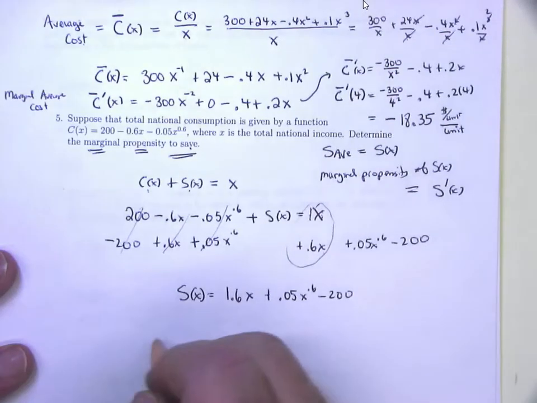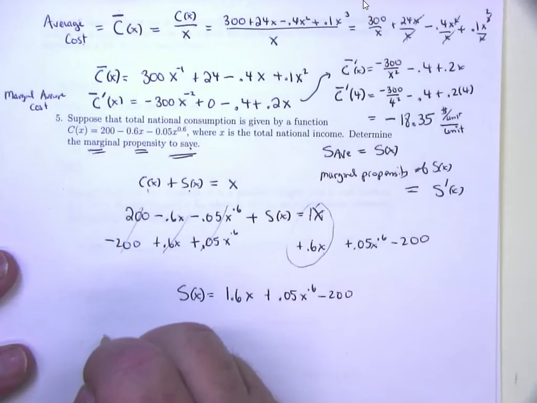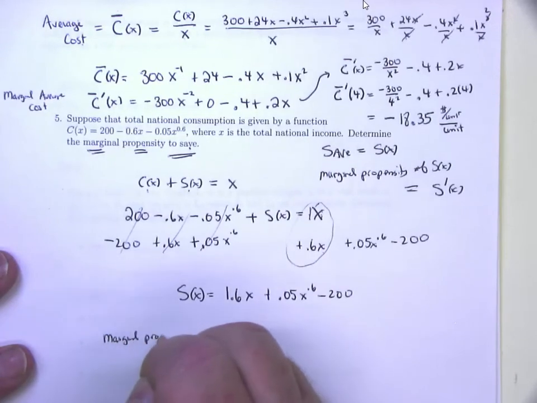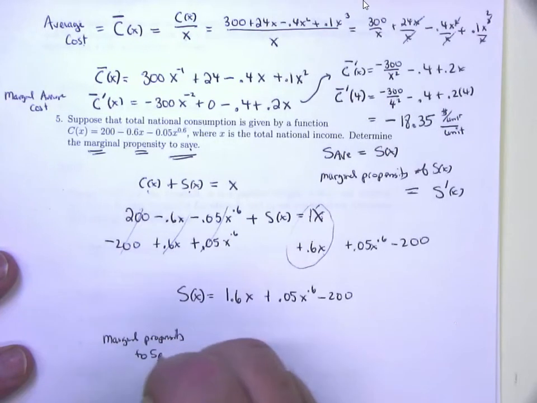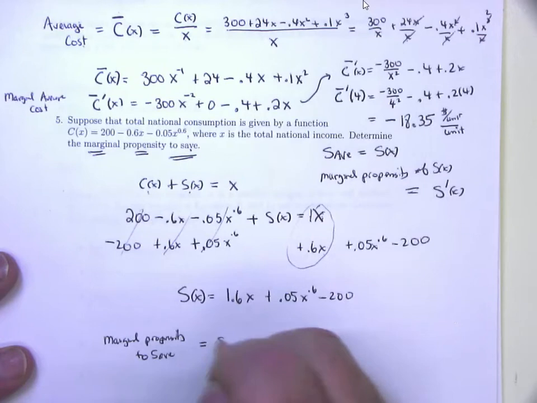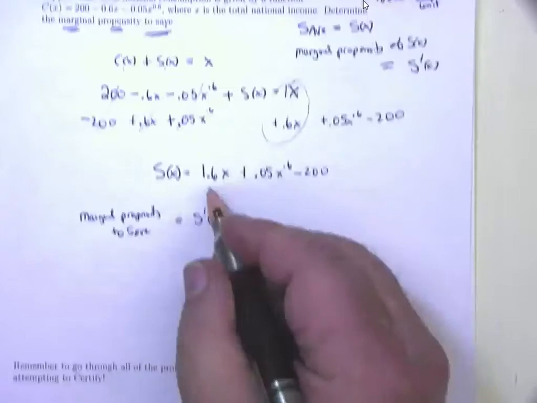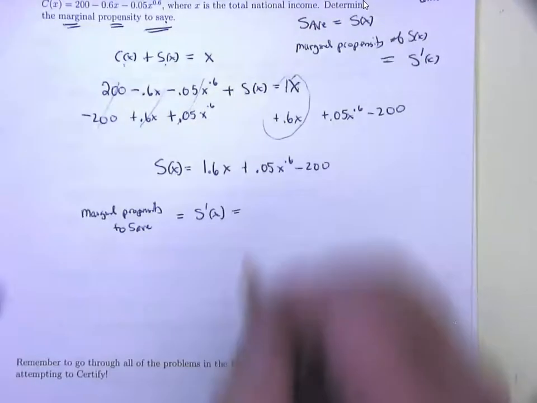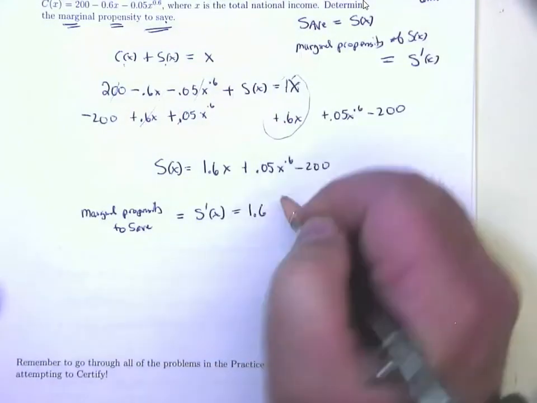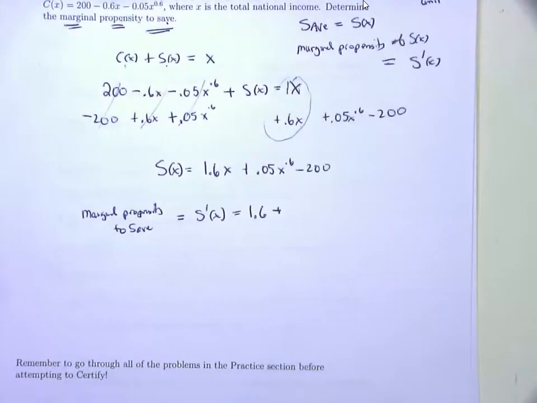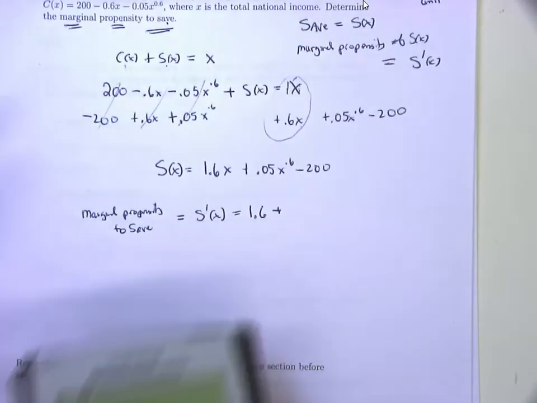But what we're after in this idea of marginal propensity to save is S prime of x. So what is the derivative of 1.6x? 1.6. Oh, here it comes. Plus, what is the derivative of 0.05x to the 0.6? How do you take a derivative of this thing?